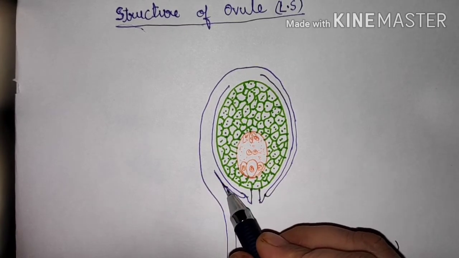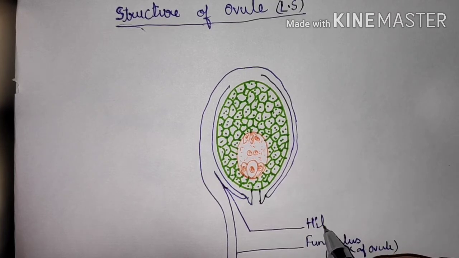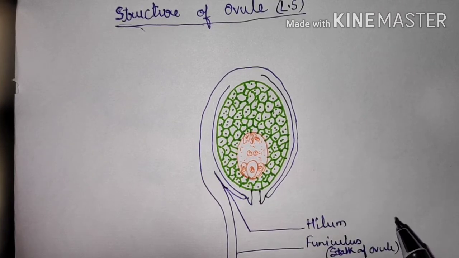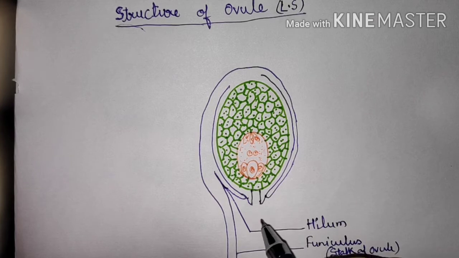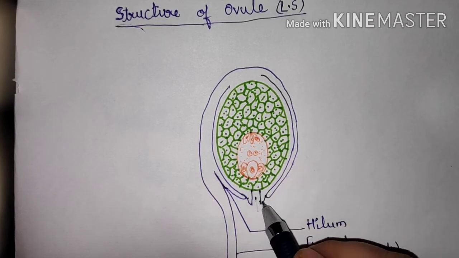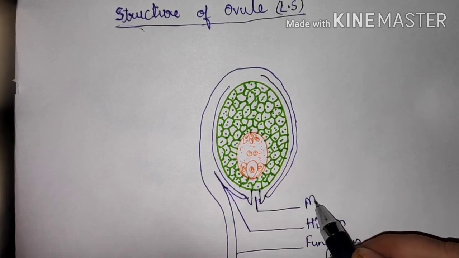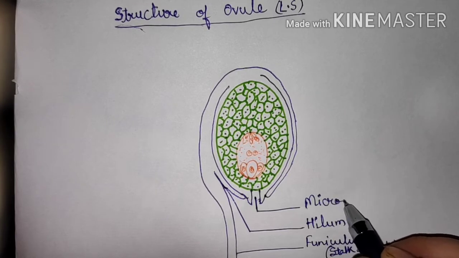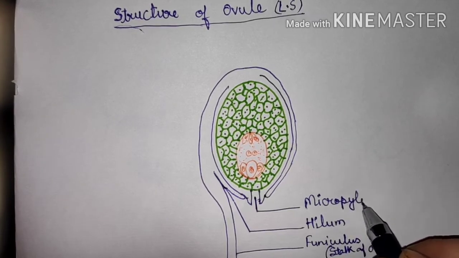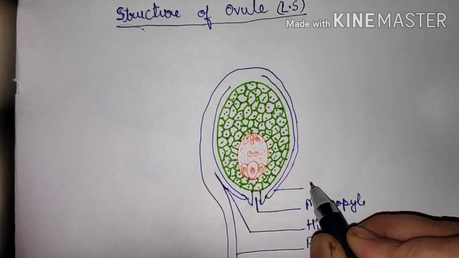The region where the ovule attaches with the funicle here, this region is called as the hilum, and the region in between these two integument is referred as micropyle. Then we start with the outer integument.